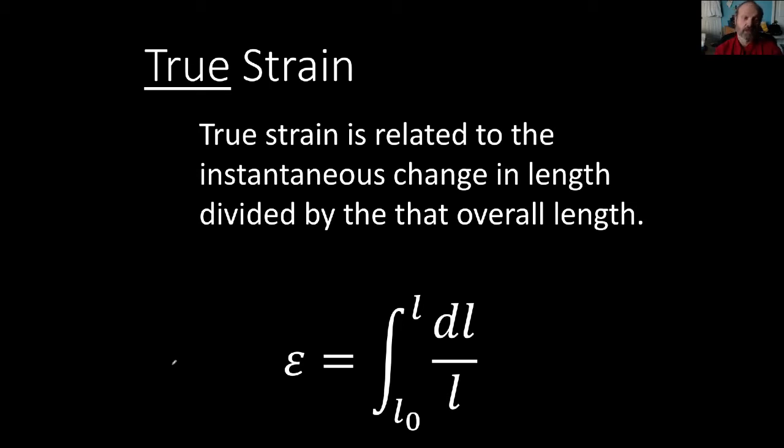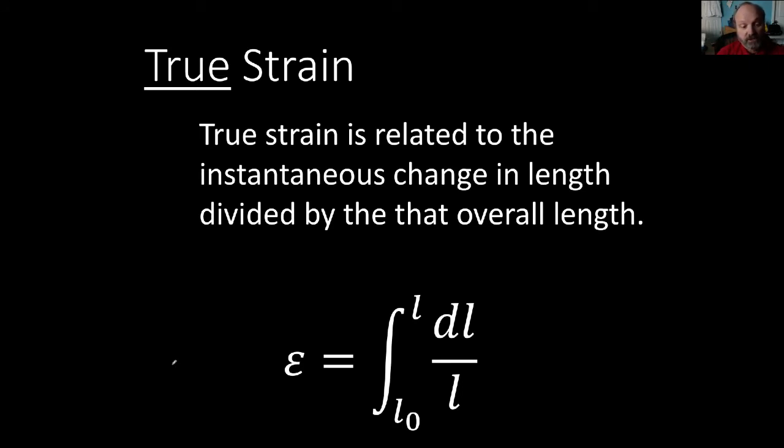Okay, so at any point in time as your sample is being stressed, the strain is changing as well, and there's an instantaneous change in the strain as a function of whatever length you're at during the process.